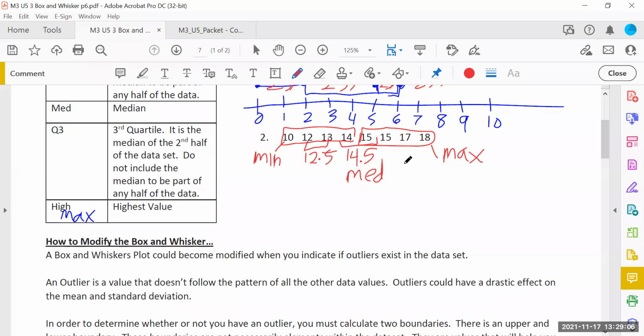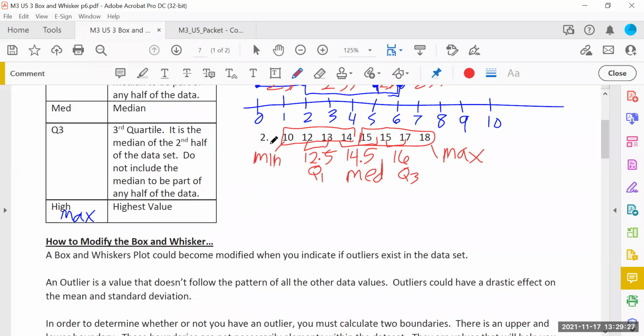So that one's a little bit nicer. Ends up being a whole number. But once again, I have all my values, minimum, Q1. Let's label these Q1, Q3. I can now put these on a number line, make my box and whisker plot.